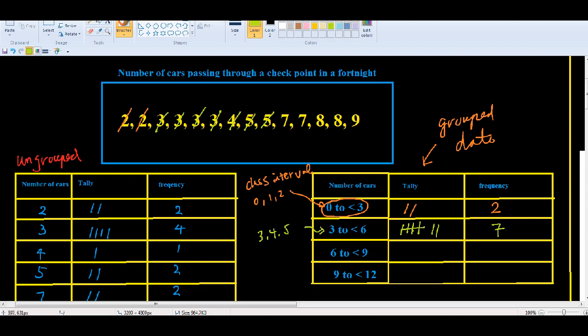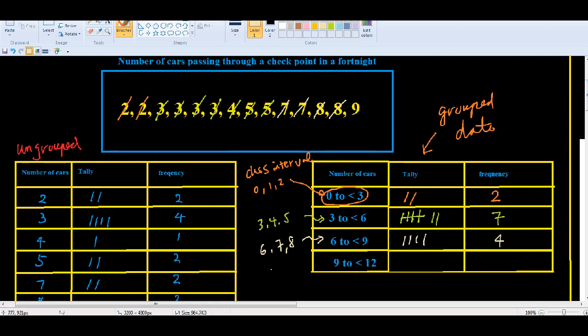Next, 6 to 9. That means 6, 7 and 8 without 9. So 1, 2, 3, 4. So 4 of them. Lastly would be 9 to 12. That means 9, 10, 11.